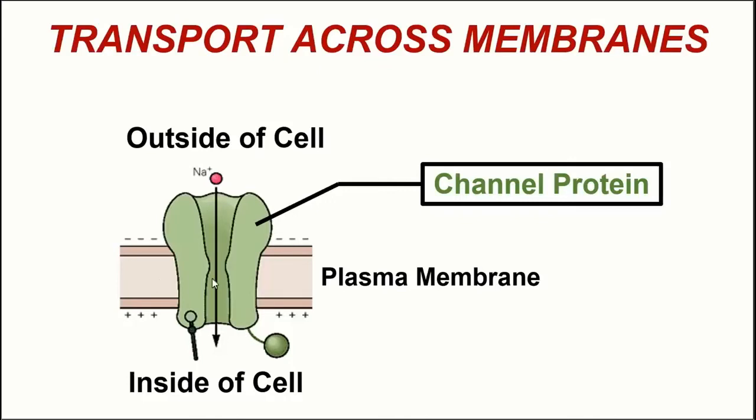Some substances are not able to cross this plasma membrane unless there is a protein channel that allows that substance to move across. So some proteins function as small tunnels or doorways through our plasma membranes so that substances can enter the cell or exit the cell.